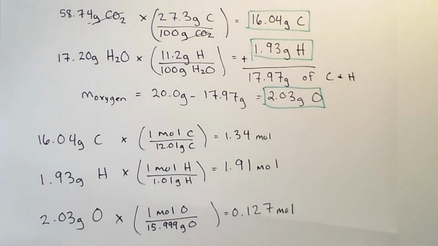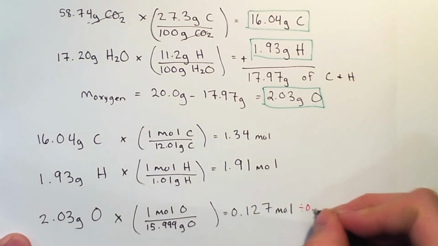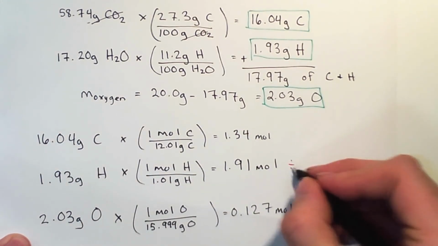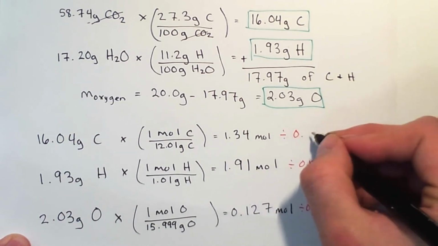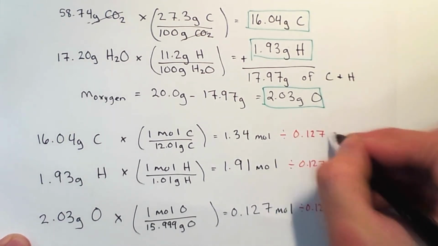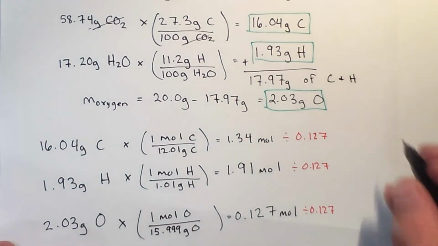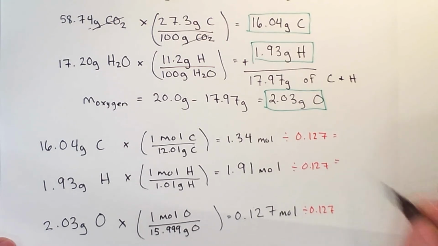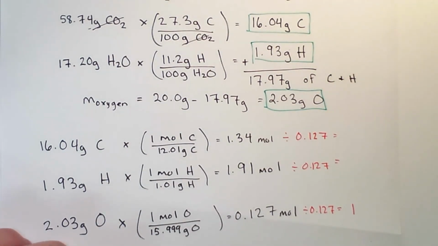Now, for an empirical formula, one of those has to be present in the fewest amount. So we're going to look and get the smallest one, which is oxygen, and we're going to divide each of those by that number. Really what we're trying to do is figure out which is present as one atom. We know that's not always the case, but here we're going to hope that it is.